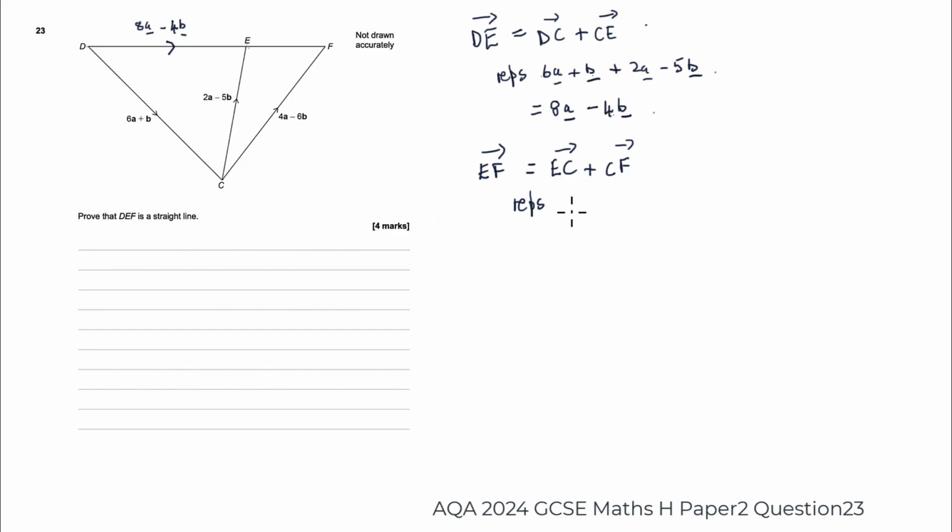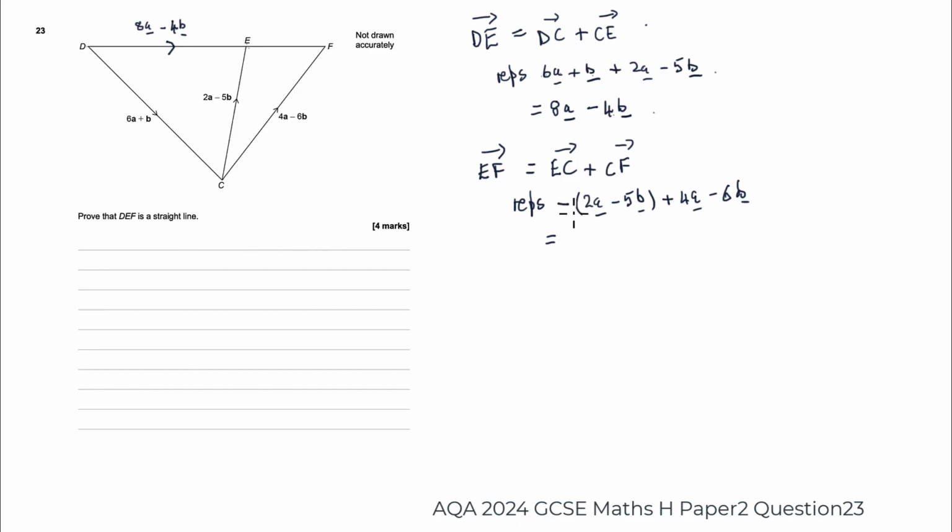So that represents not 2a minus 5b, but the negative of 2a minus 5b. And then C to F, that goes with the arrow, so that's no problem. It's 4a minus 6b.